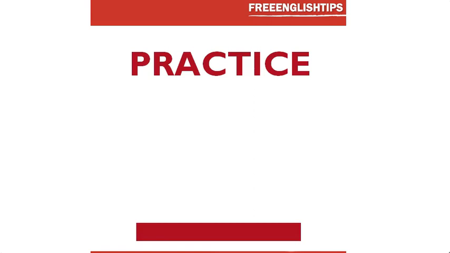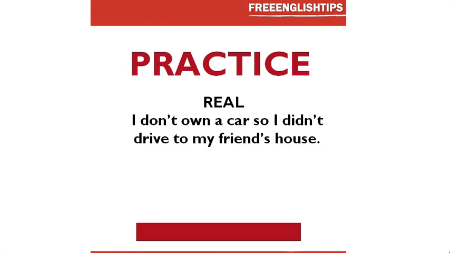In this example, we first need to think about the real situation. What happened? The real situation in this case was, I don't own a car now, so I didn't drive to my friend's house yesterday. From this we can see that we have something in the present mixed with something in the past, therefore we're mixing condition 2 with condition 3.